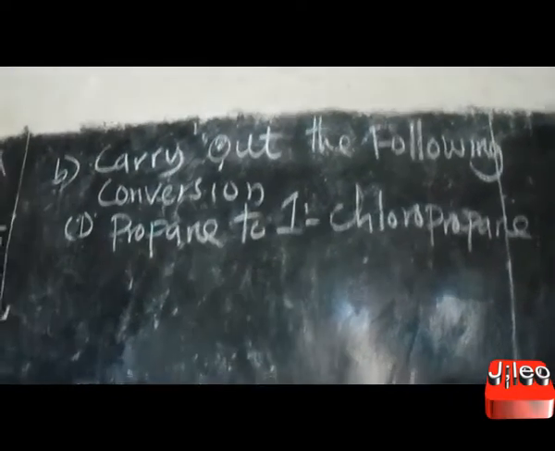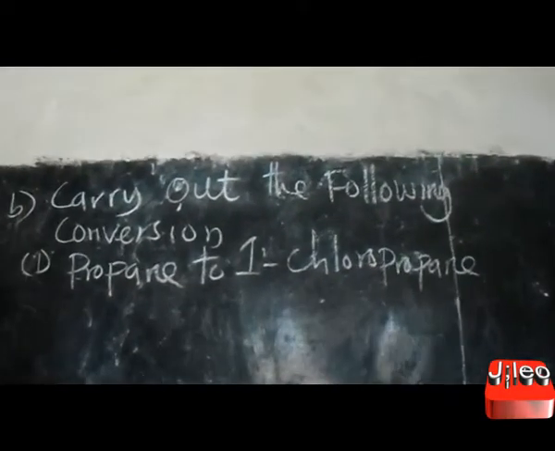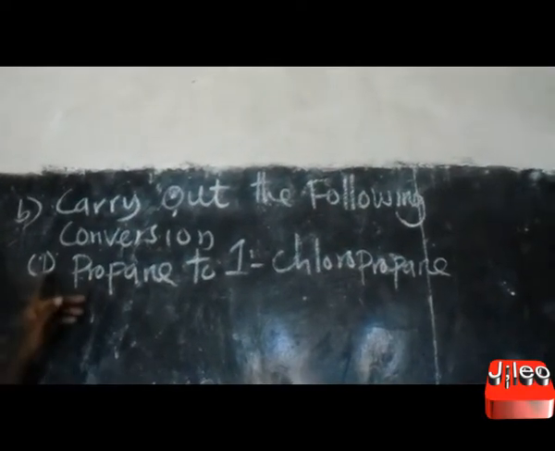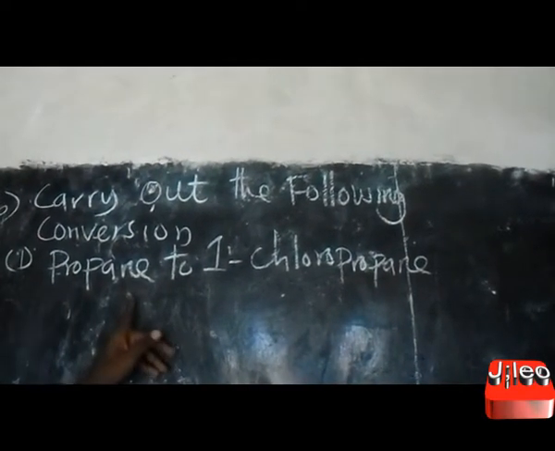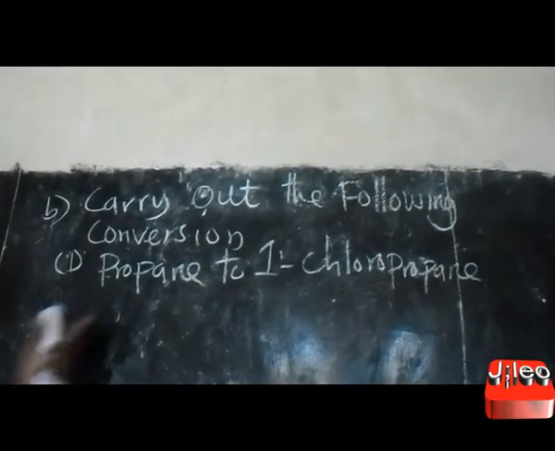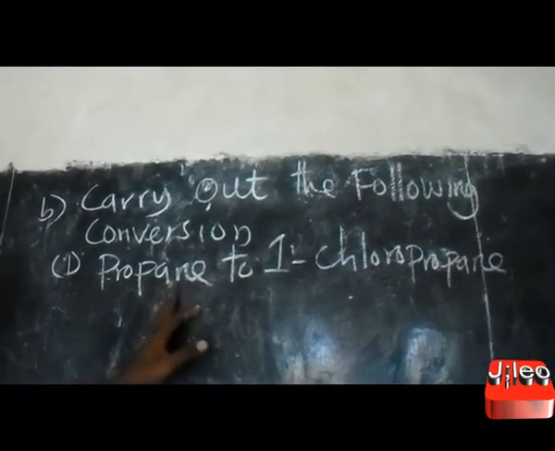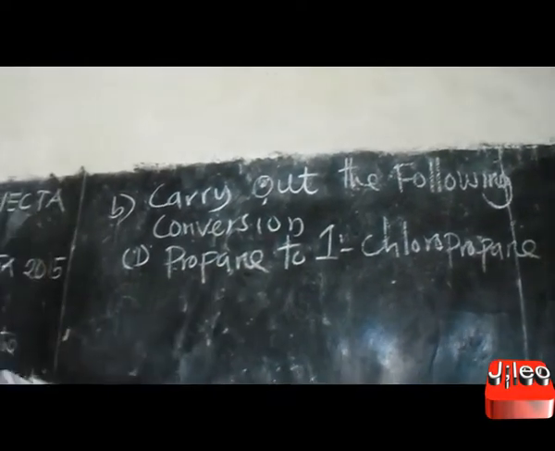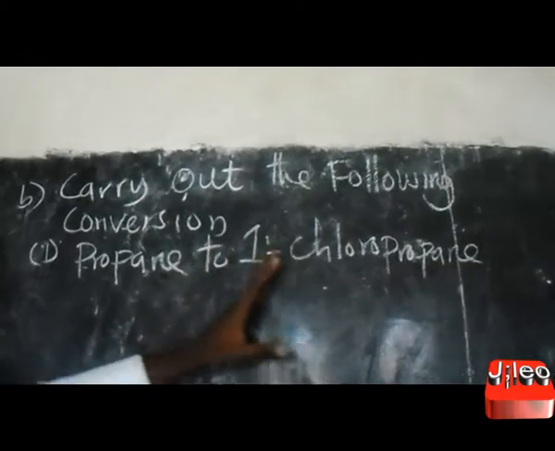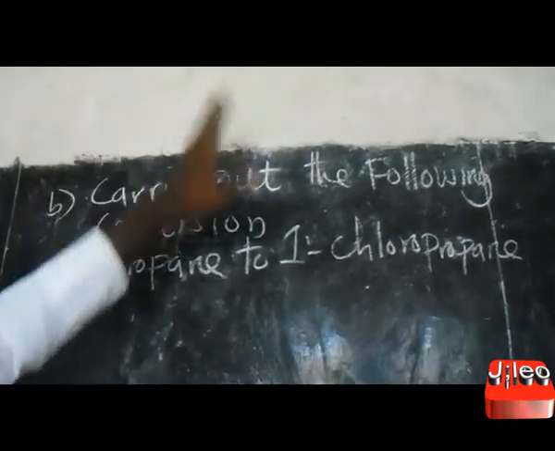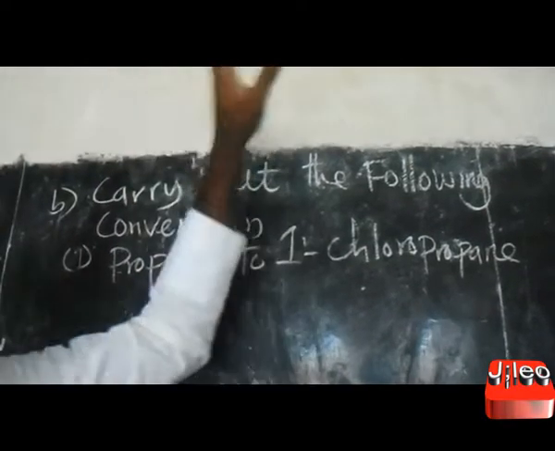Okay, so ladies and gentlemen, we are continuing with our questions in part B. Carry out the following conversion. Roman 1, propane to 1-chloropropane. First of all, you have to know the properties of alkanes when they react with chlorine. When propane reacts with chlorine under UV, it tends to produce chloroalkane.